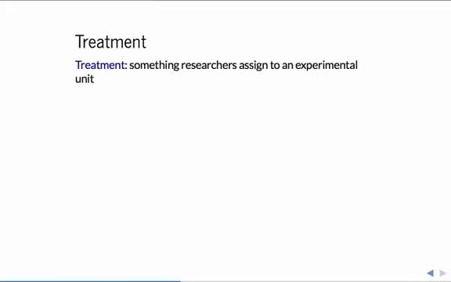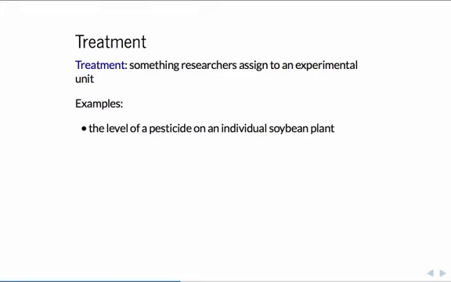Then we have another definition for a treatment. A treatment is something that researchers assign to an experimental unit. Using these previous examples, let's think about some treatments. A researcher might decide on a certain level of a pesticide to give to each individual soybean plant in that plant experiment.